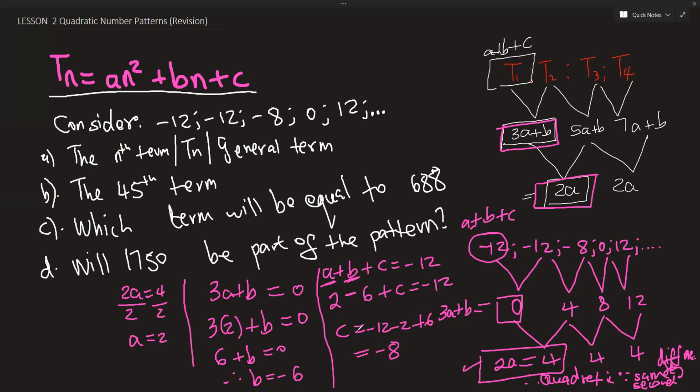So now I have the formula of the nth term: Tn equals 2n squared minus 6n minus 8. Then the first question has been answered.